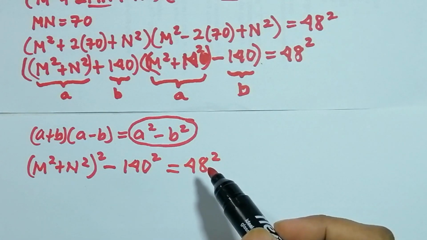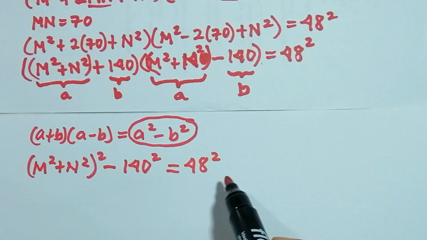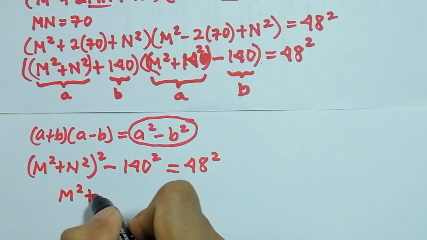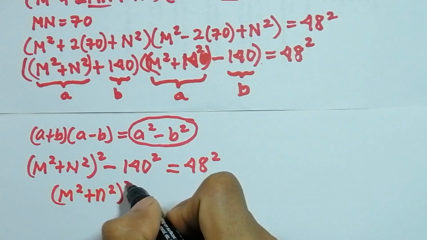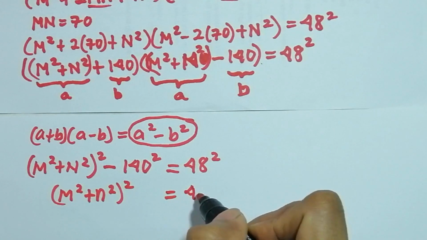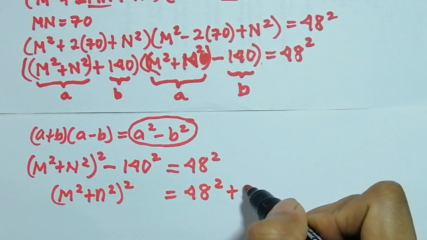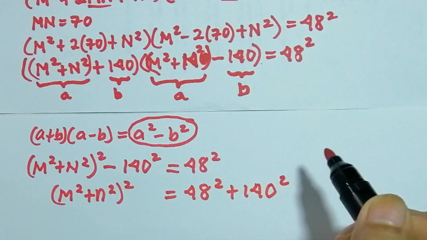Now we are going to move negative 140 squared to the right side. So we just write (m squared plus n squared) squared is equal to 48 squared. This becomes positive 140 squared.